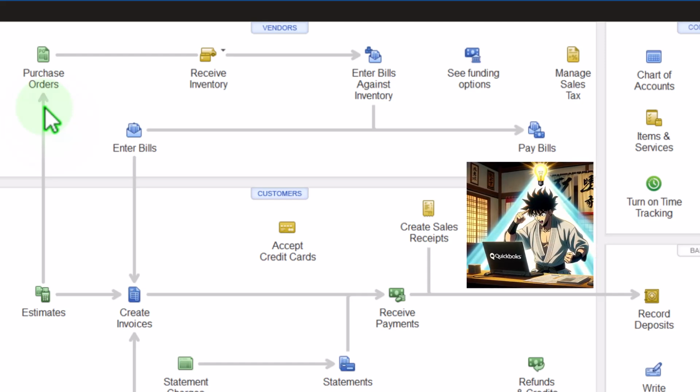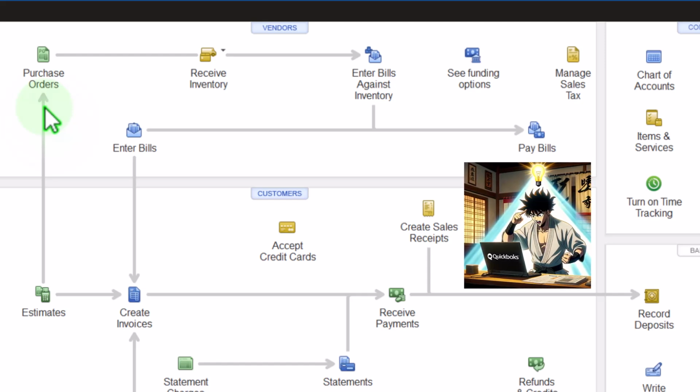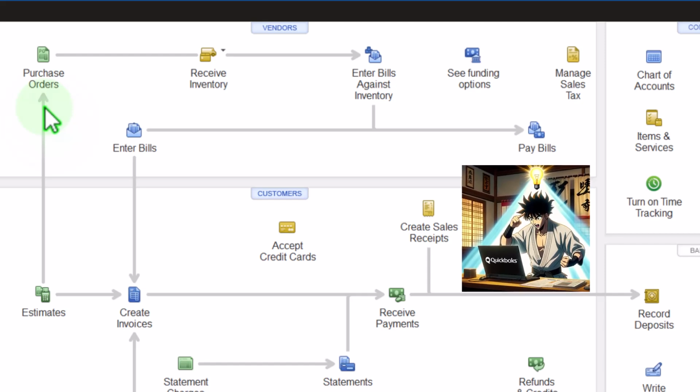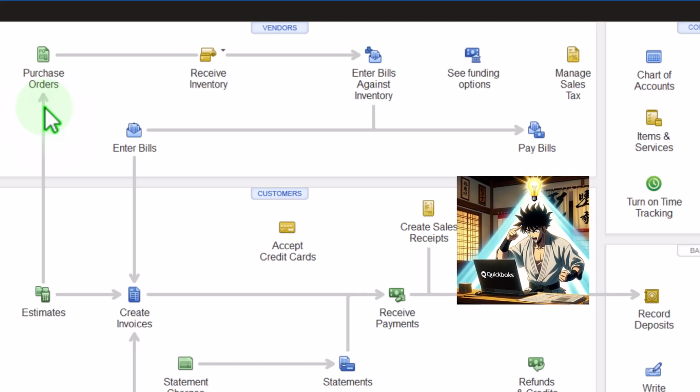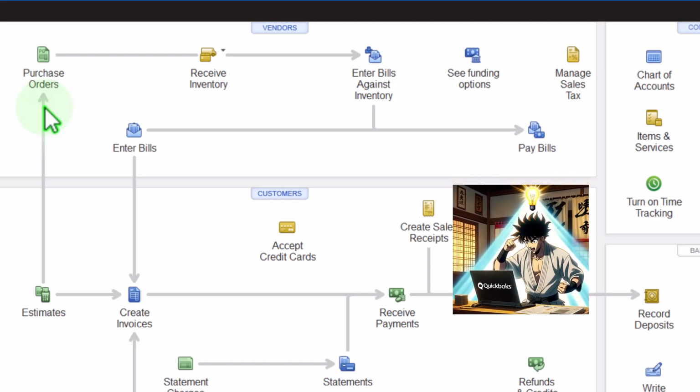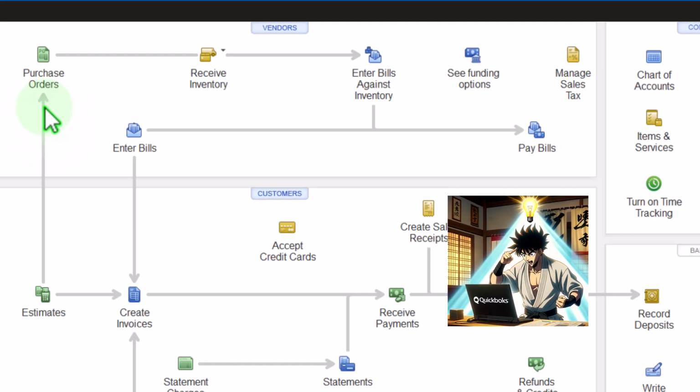If we're tracking the inventory within the system, then the question is, how do we order the inventory from the vendors? Now note that if I was going to order something from an online store like Amazon, what would happen is I would order it, I'd have to pay for it as an individual when I ordered it. And that would mean it's basically kind of mine, even though I don't have it yet.